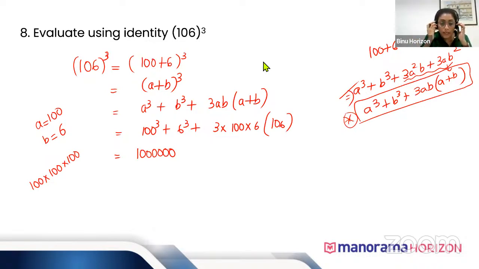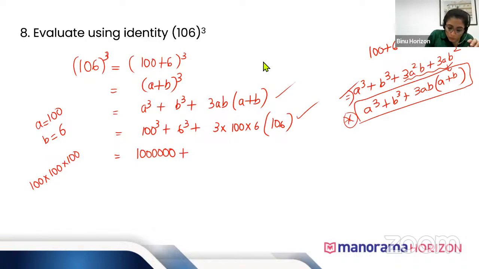Be very careful with this. If you know all the procedure but somewhere your calculation goes wrong, your entire mark will be gone. At least the teacher will give marks for the identity. If you use the correct identity, she will give the mark for that. But if any of the remaining calculation steps go wrong, you may lose marks. So be very careful on that.